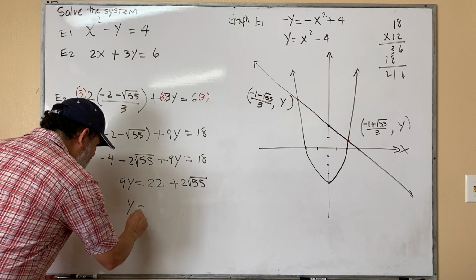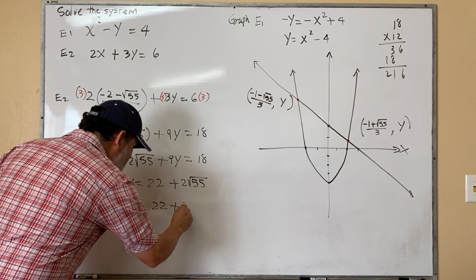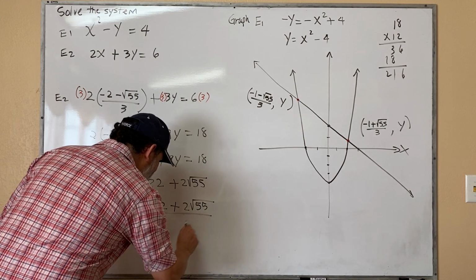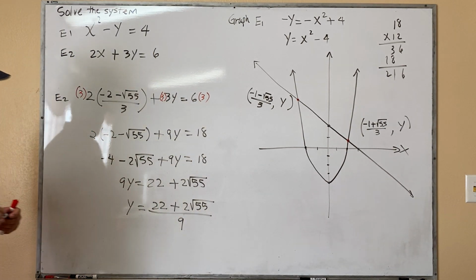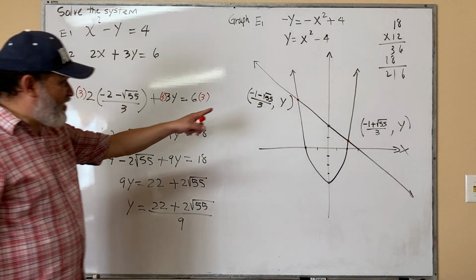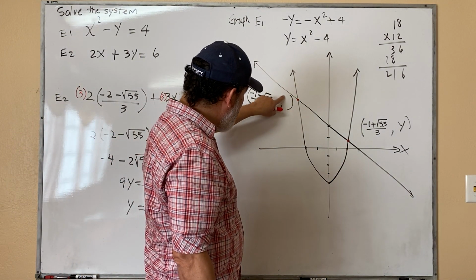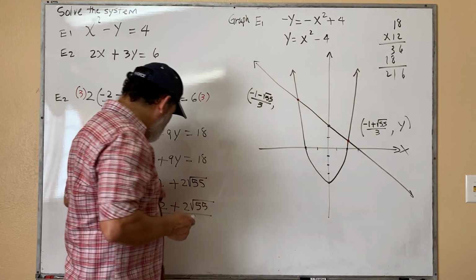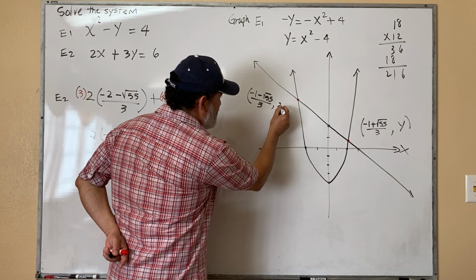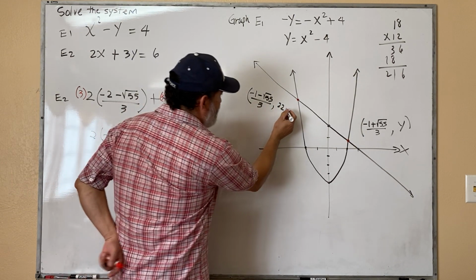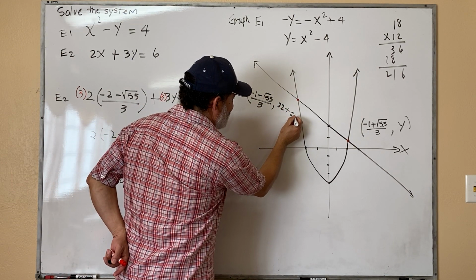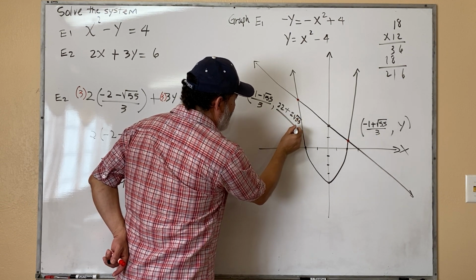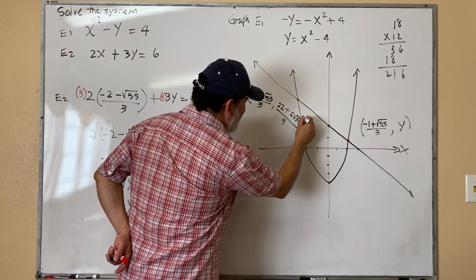So y equals 22 plus 2 the square root of 55 all over 9. Okay? So we found that one. Y is 22 plus 2 the square root of 55 all over 9. And that's the point.